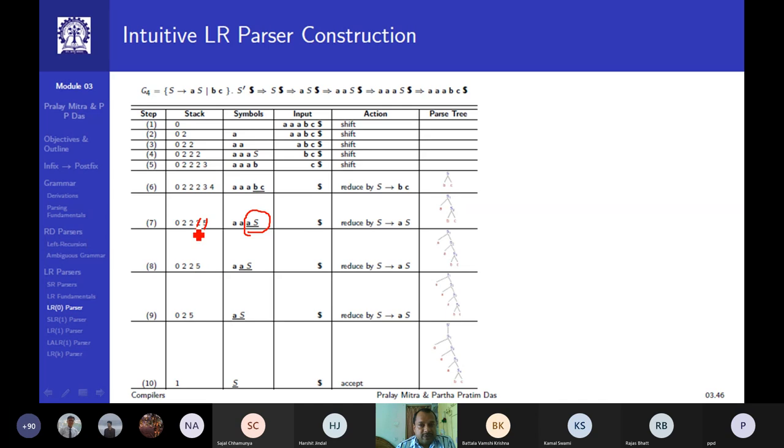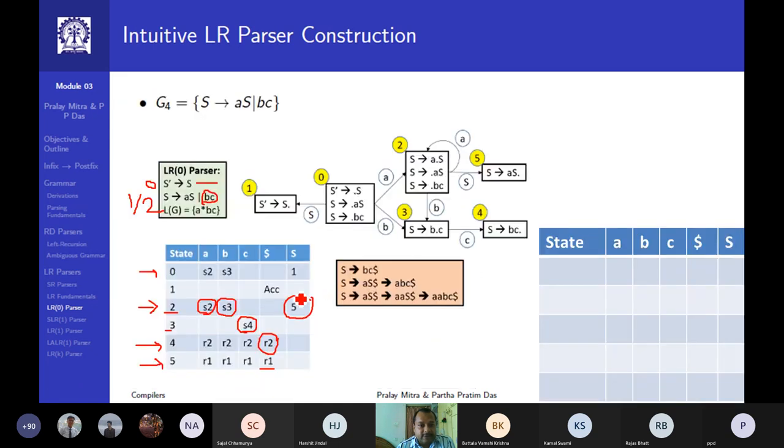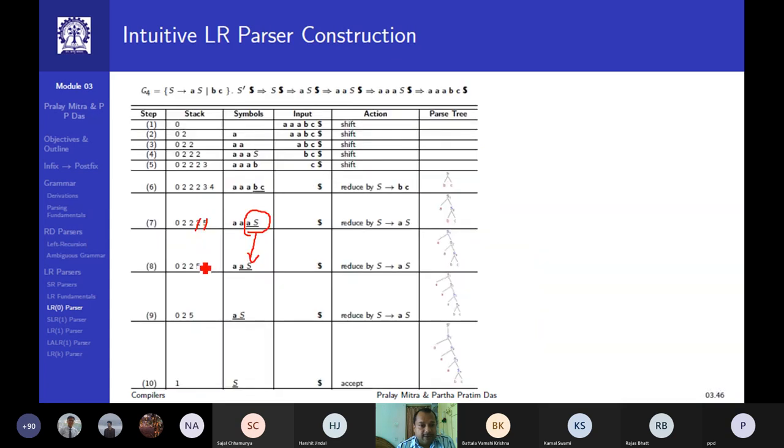So stack top is second state, and I see that because of the reduction, the symbol is S. Stack top 2 and symbol S, again go to 5, so this 5 will be pushed. Again the same production rule will be used for reducing AS, and 5 and 2 will be popped.